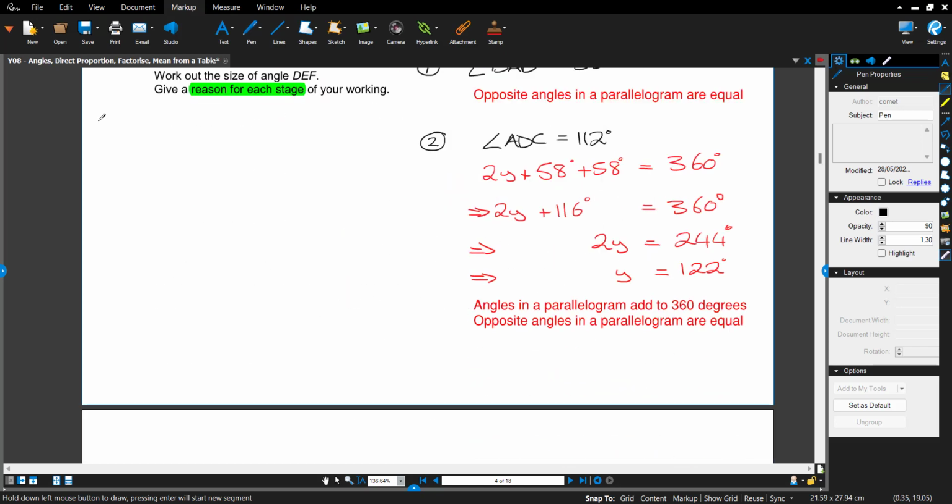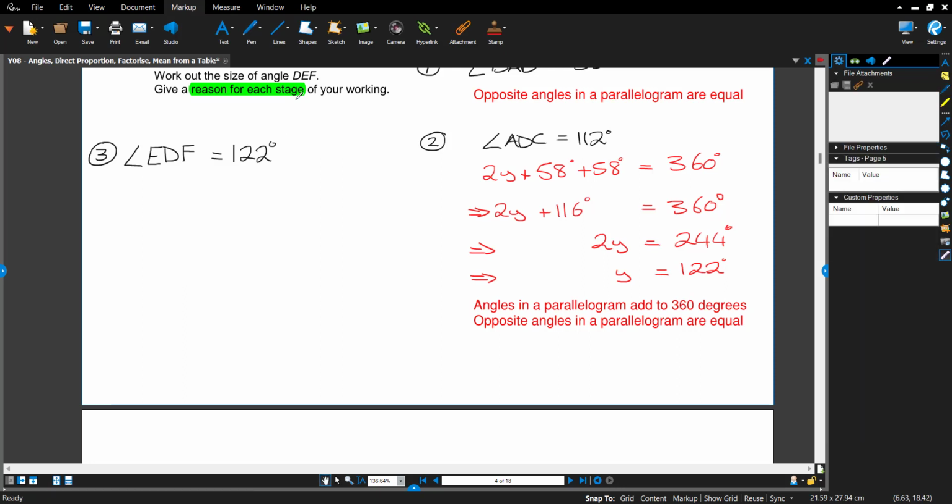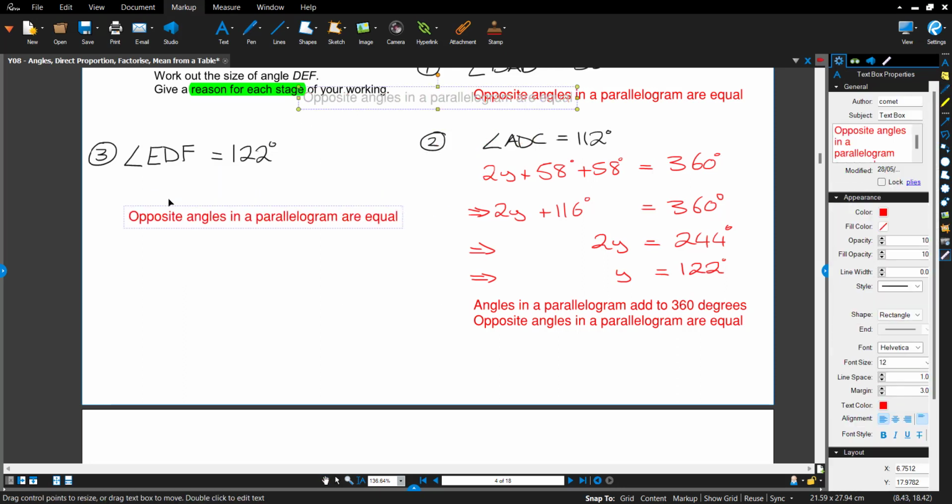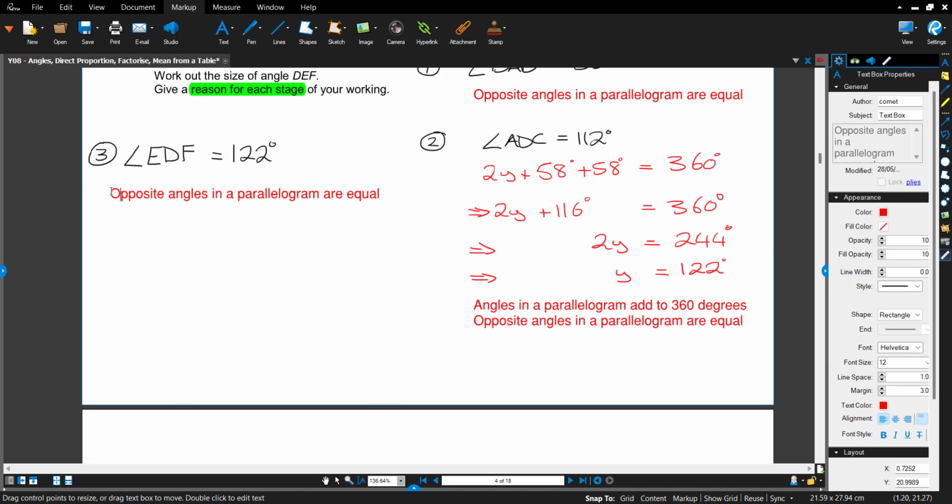So straight away, number 3, oopsie daisy, I really should put angle in here, shouldn't I? I think they even do that in England. But in Ireland here we do it. Angle EDF equals 122 degrees. And the reason is vertically opposite angles are equal. So I'm just going to write that in there.